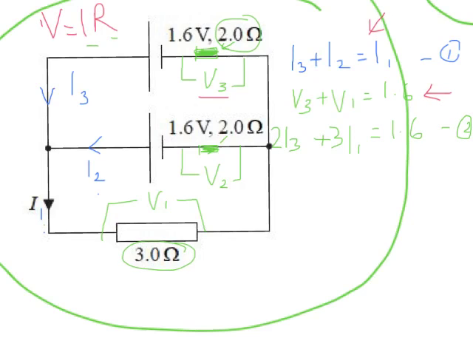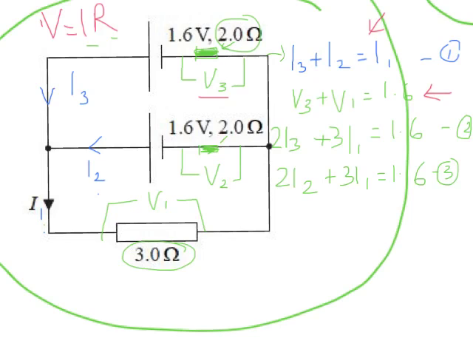But we had another loop, and it would be exactly the same, but instead of I3 and I1, we would end up with I2 and I1. The values are exactly the same, so it's just a repeat. So we now have three equations. The first one, Kirchhoff's first law, and then equations 2 and 3 come from Kirchhoff's second law.